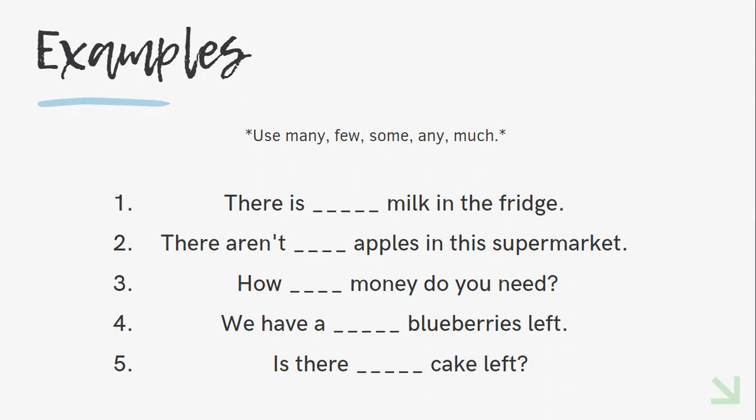No hay ya ninguna manzana. Number three, how much money do you need? ¿Cuánto dinero necesitas? We have a few blueberries left. Tenemos algunas blueberries que quedan. And finally, is there any cake left? ¿Queda algo de pastel?